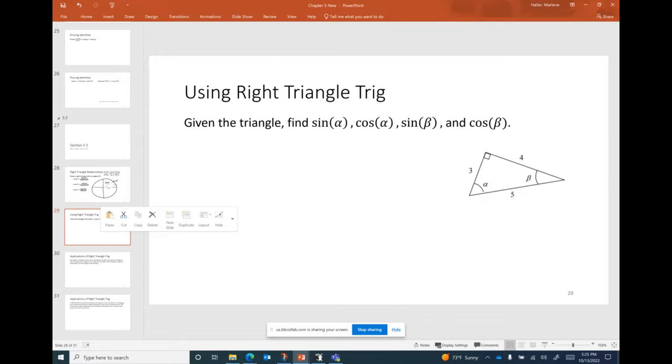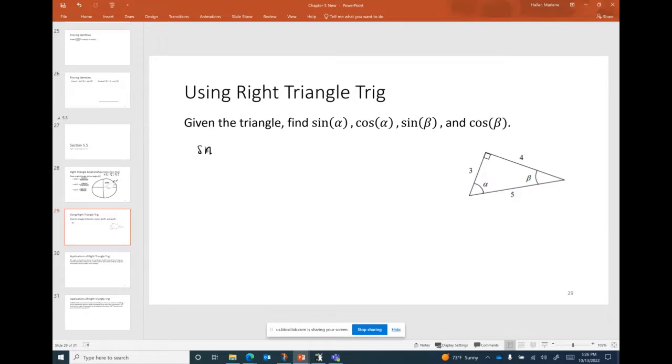All right, so given those new definitions, let's see if we can identify the sine and cosine of angle alpha, as well as the sine and cosine of angle beta in this right triangle that I've drawn here. I don't know that angle, but I don't need to know the angle measure to find the sine and cosine, now that I know the ratios.